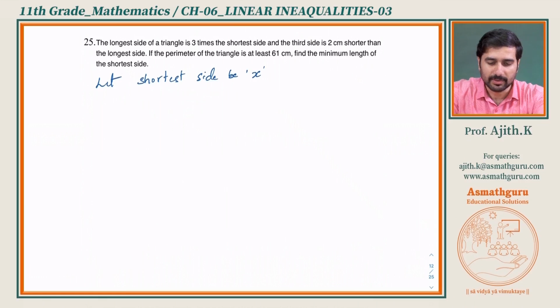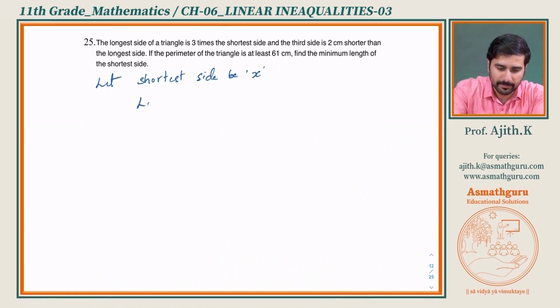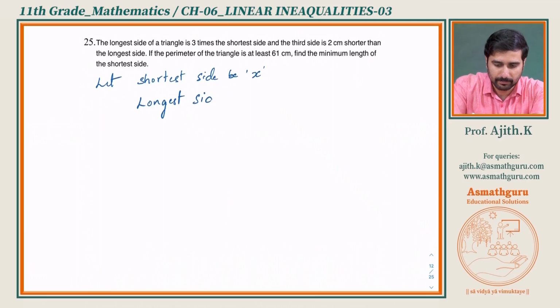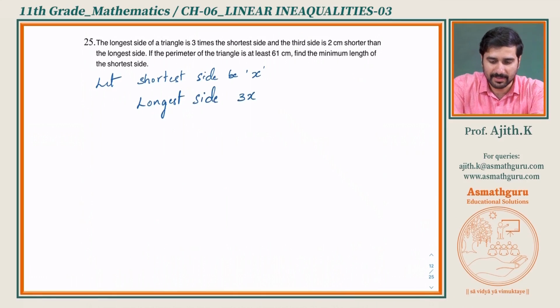In the question they have given, the longest side of a triangle is 3 times the shortest. So I'll take the longest side as 3 times the shortest side, and the shortest side is x.